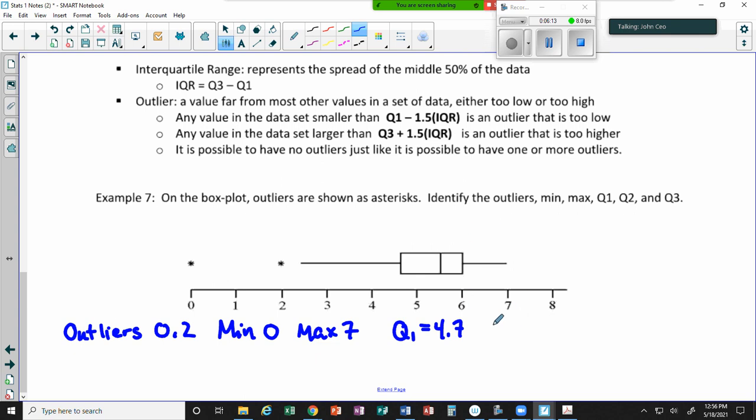What would Q2 be? 4. Careful, Q2 is, this is Q1 here. Q2 is in the middle line there, so it'd be what? Somewhere in there, 5.5, 5.6, something like that. Any of those would be acceptable. Okay, and then Q3.